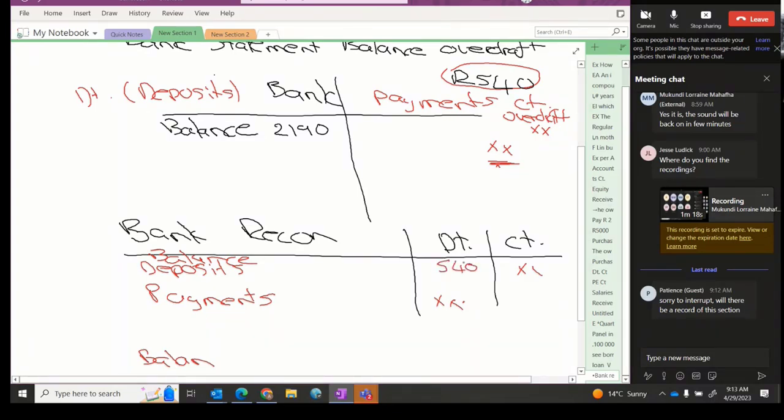So everything works opposite. But there's only one thing that's not working opposite. Then you do all your rectifying of all the mistakes. Then the last one will be the balance as per bank account.